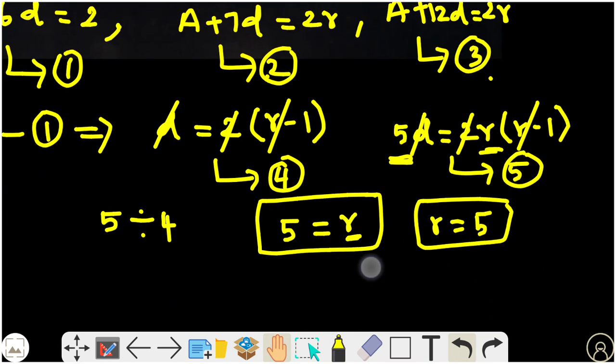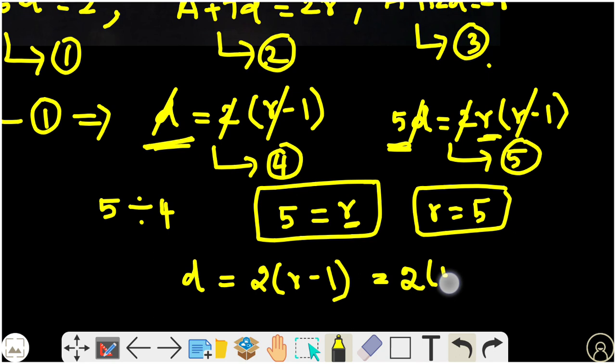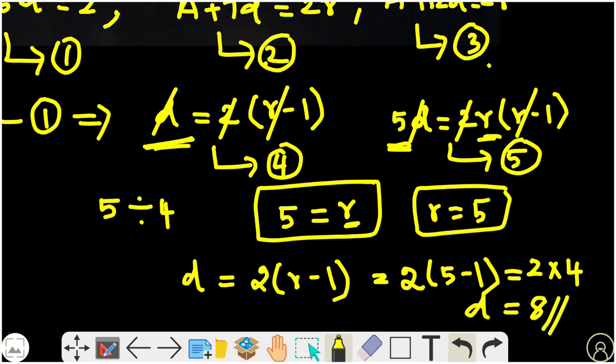Now we can easily find the value of d. d we already found is 2 times r minus 1, so 2 times 5 minus 1, that is 2 times 4, 8. So d, the common difference, in AP we just use the word common difference, is 8, and the common ratio r is 5.